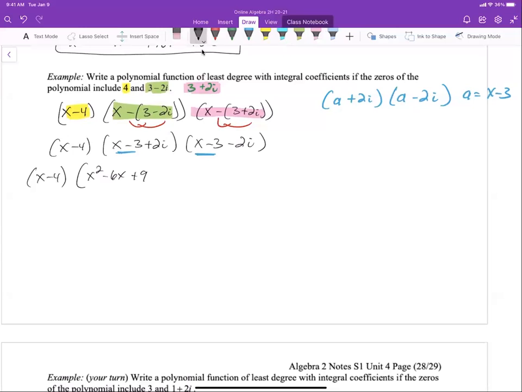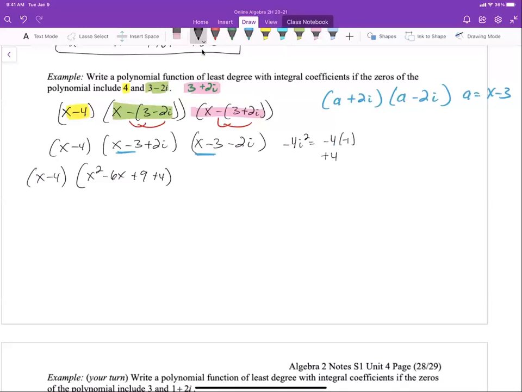And then remember, the terms with negative 2i and positive 2i are going to cancel, so I don't have to worry about those. Now all I have to do is multiply 2i times negative 2i, and that's going to give me a negative 4i squared, which equals a negative 4 times negative 1, which equals a positive 4. So I'm going to add 4.